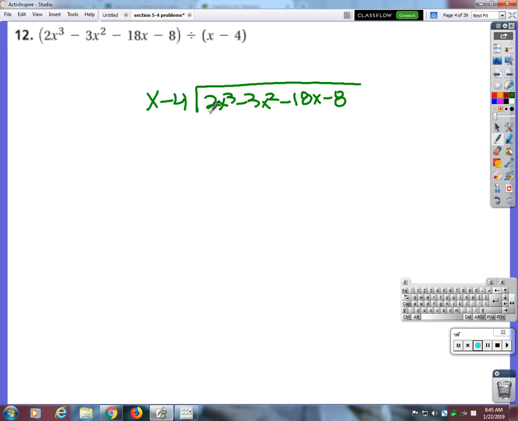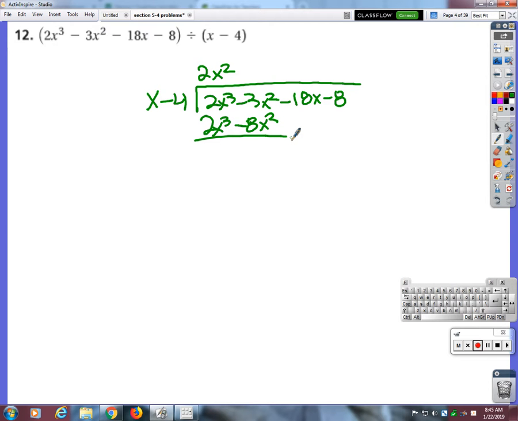But then this has a 2 also, so it's going to have to be 2x squared. Okay. Now multiply that back through, distribute it to the x and the minus 4. 2x cubed, because 2x squared times x is 2x cubed, minus 8x squared.